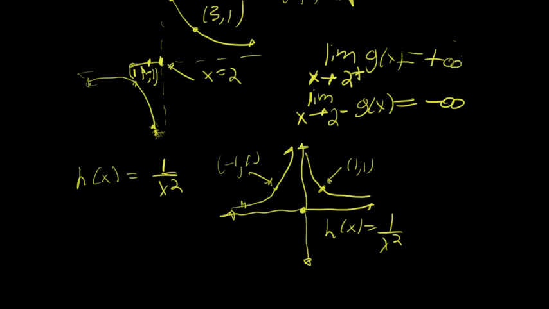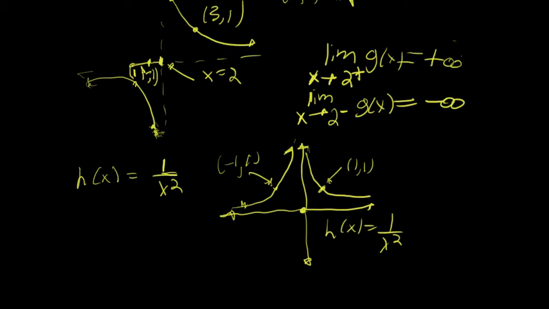You take a very small positive number, you square it, you get a smaller positive number. You take the reciprocal of that, you get a massive number. You take a very small negative number, square it, you get a small positive number. You take the reciprocal of that, you get a massive positive number.